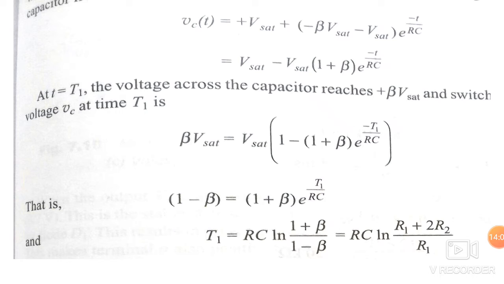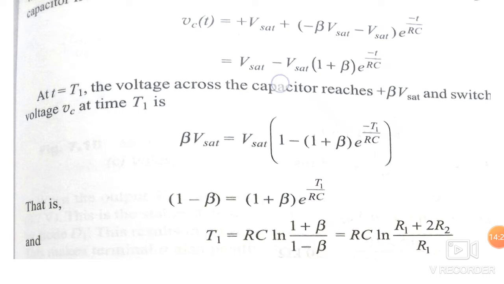So the output across the capacitor is VC(t) equal to V final, that is plus Vsat, plus V initial, that is minus beta Vsat, the starting potential from which the capacitor is charging, minus V final, that is Vsat, exponential minus t by RC.